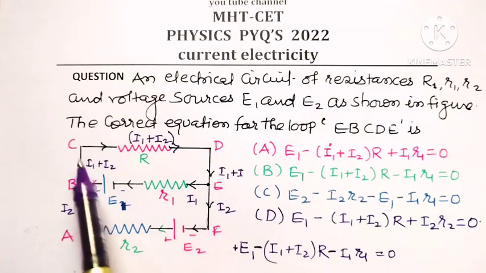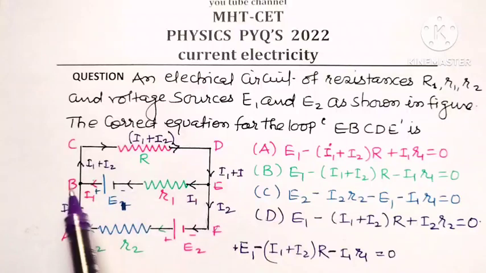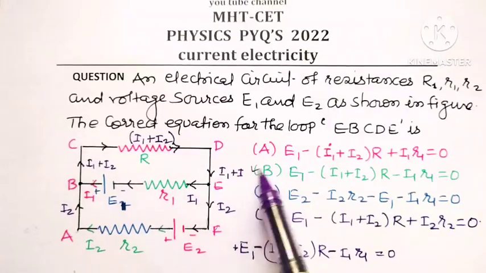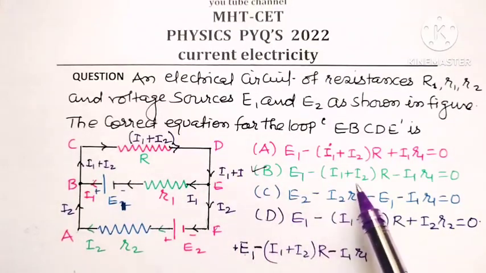So the equation for the loop E, B, C, D, E is E1 minus (I1 plus I2) into capital R minus I1 into R1 is equal to 0. Which option is correct? I think option B, E1 minus (I1 plus I2) into R minus I1 R1 equal to 0, is the correct option.